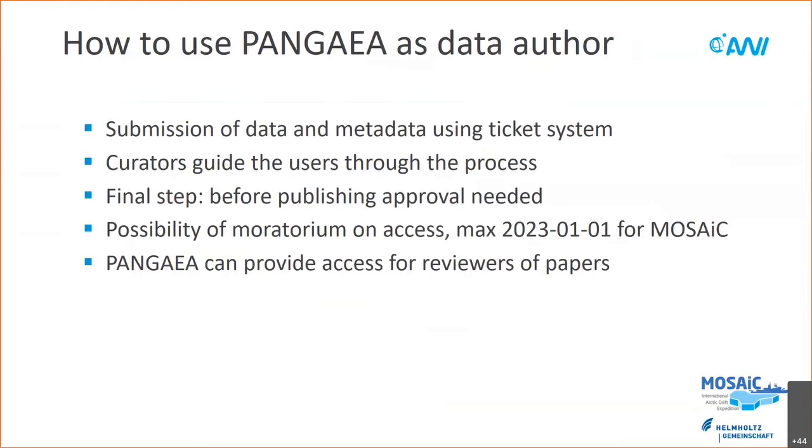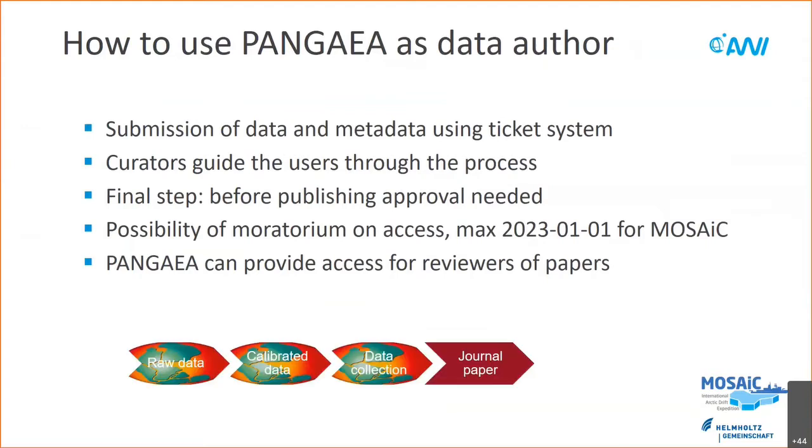So in Pangaea, we also publish different levels of data, raw data or calibrated data, primary data basically. So I will talk a bit about both kinds of data, and the individual data sets, if they are of the same kind, belong clearly together, don't make sense individually, can be joined into so-called data collections.